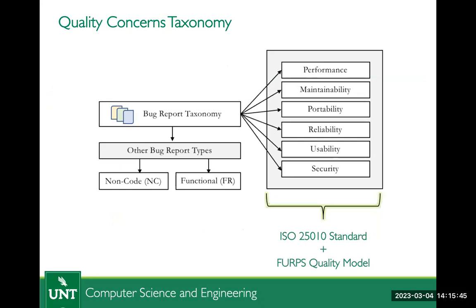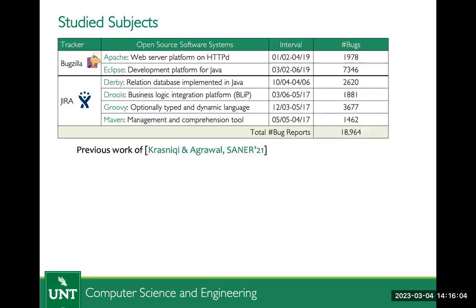So basically, one of the things we've done is that we focused on 6 quality concerns that are most commonly studied and also seem to be more relevant for developers to focus on. And those are performance, maintainability, portability, reliability, usability, and security.